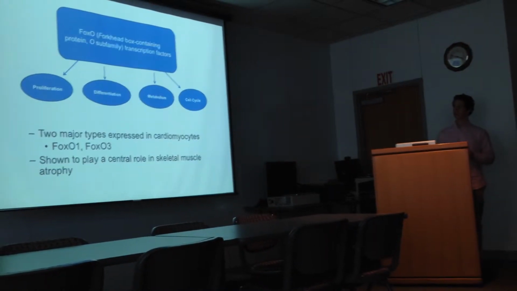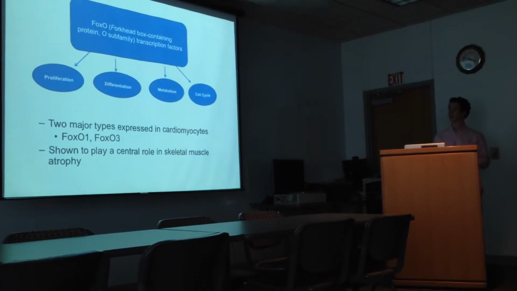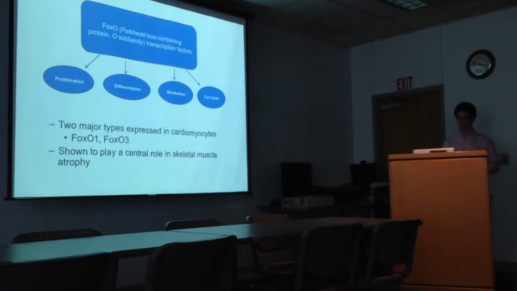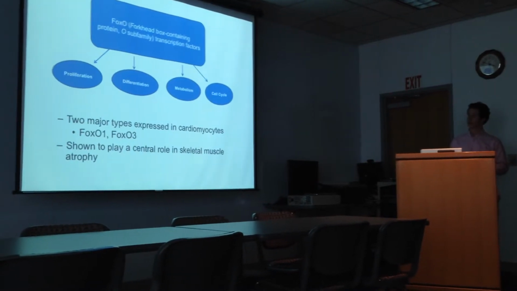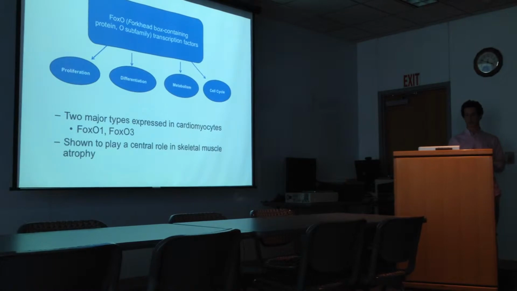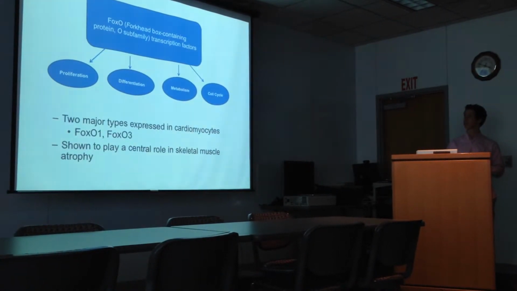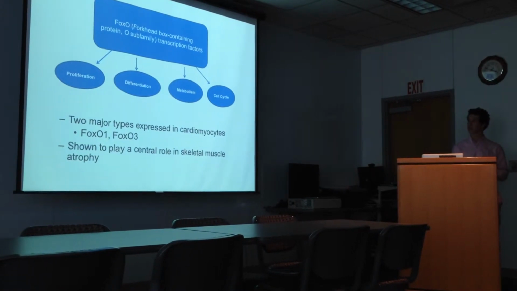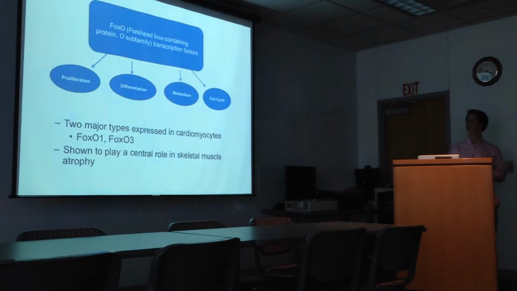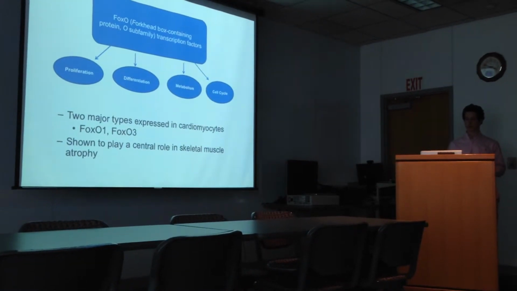Before moving on, I'll give a little background into what I was studying. FoxO transcription factors are a subgroup of the forkhead family of transcription factors and have been shown to be at the interface of crucial cellular processes such as proliferation, differentiation, metabolism, and cell cycle regulation.